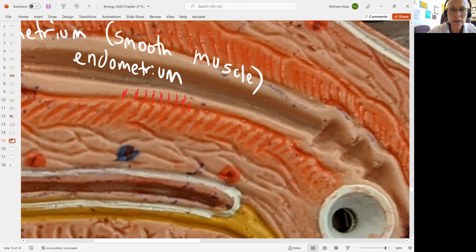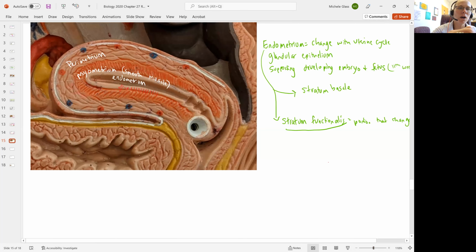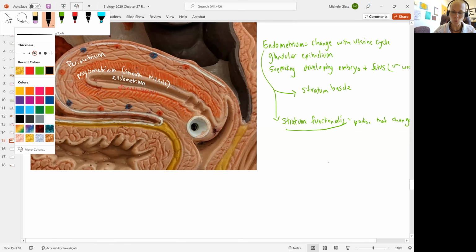During the uterine cycle, these spiral arteries will constrict. And ultimately, if you are no longer nourishing your tissues, they don't have oxygen or nutrients, so those tissues die. And that's essentially what's going to be happening here with the spiral arteries.